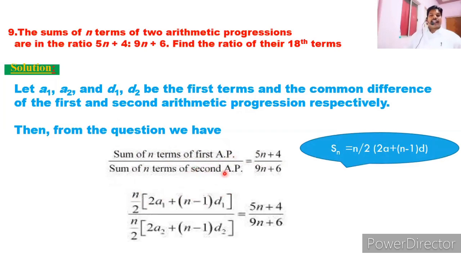Similarly, for the second arithmetic progression, the first term is a2 and the common difference is d2.